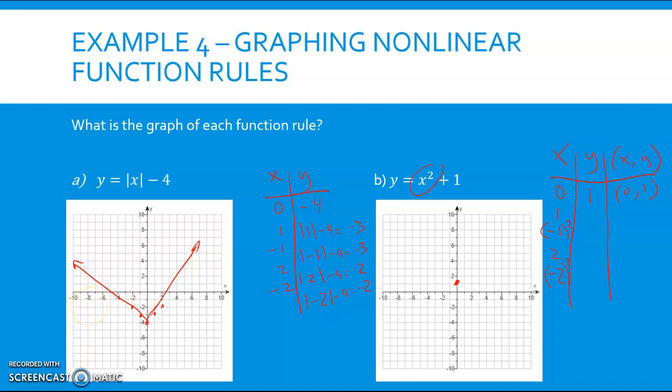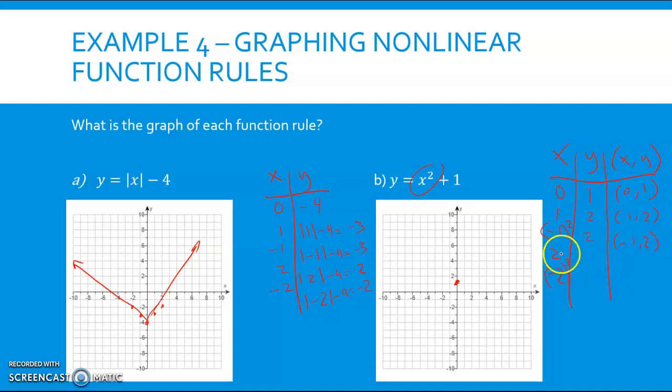It increases exponentially, so my increase is going to be bigger numbers as I go up in either direction. I'll show you. 1 times 1 is 1, plus 1 is 2. Negative 1 times negative 1 is positive 1. Plus 1 is positive 2. So no matter what, it's going to start bending up because I have a positive square there. So negative 1 is also going to yield a 2.